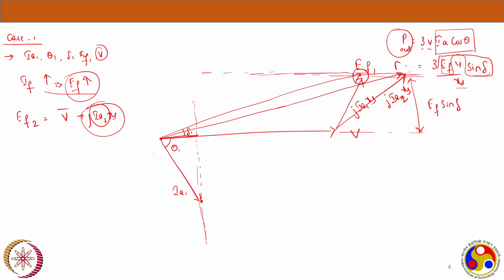This is EF2 and this is my new load angle delta 2. Since I know my JIA2 excess drop here, now we can fix where my IA2 is, because IA2 will always be perpendicular to my IA2 excess drop. So I'll project this particular one onto this locus.